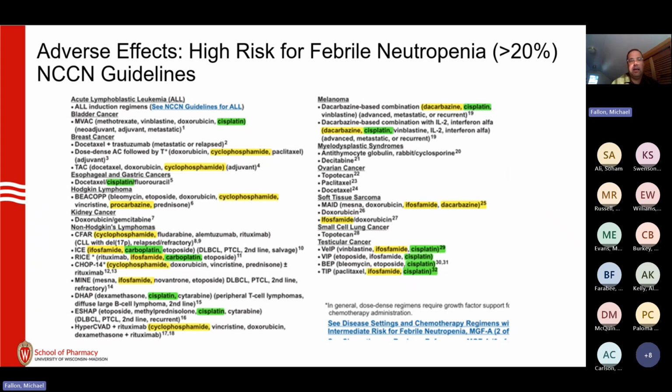And so you can see that a big chunk of these regimens include an alkylating agent, across all disease types: bladder cancer, breast cancer, esophageal, lymphoma, soft tissue sarcoma. When you highlight the drugs on the table like that, it really stands out.